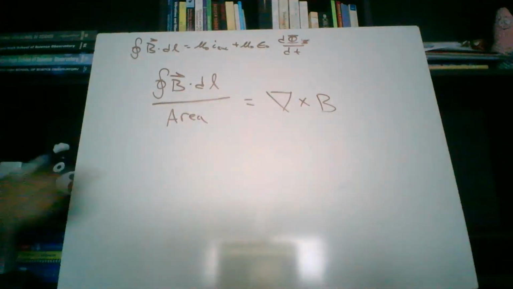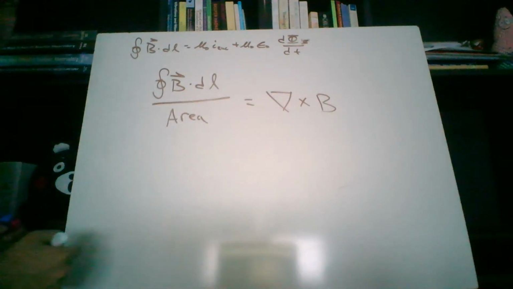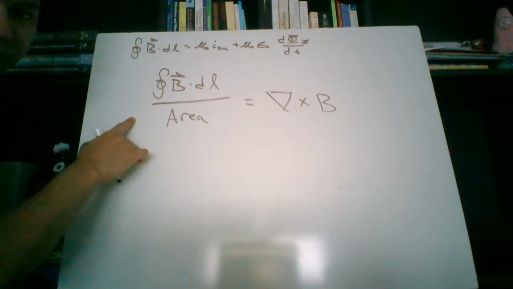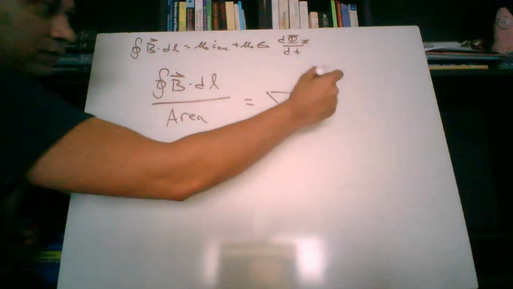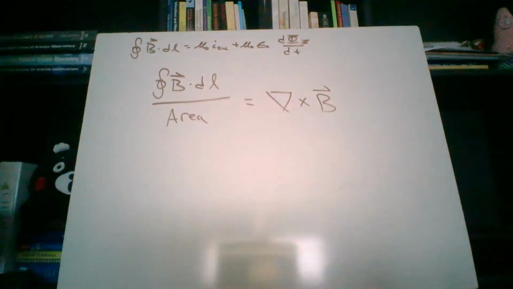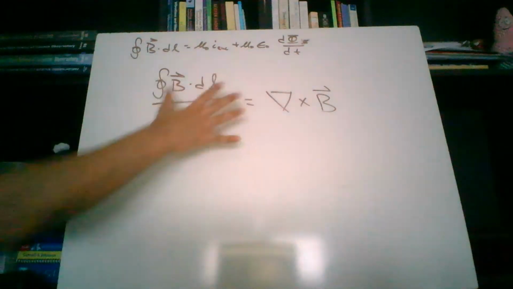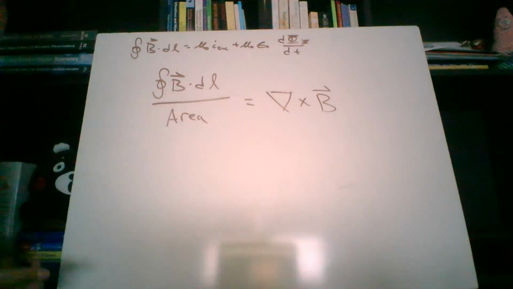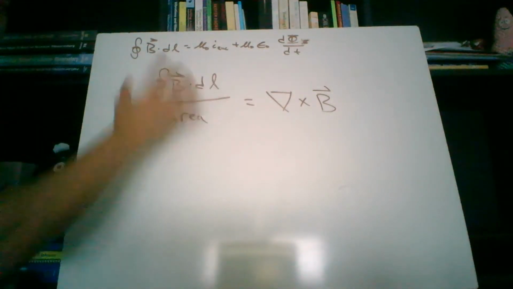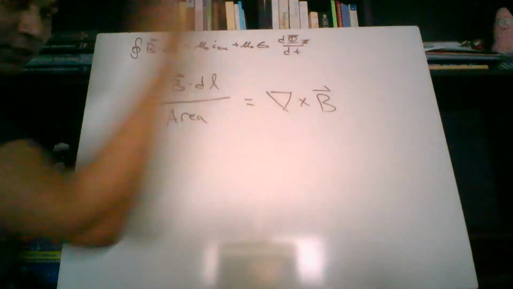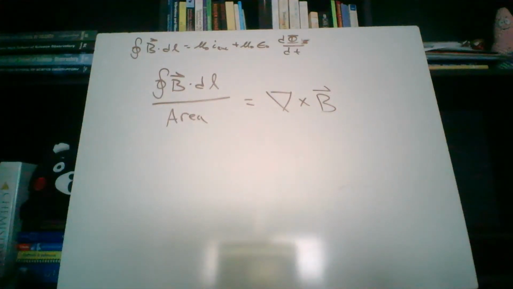So the enclosed loop divided by the cross-sectional area is going to equal the curl. And people don't see that connection here, but that's what the connection is. All you're doing is you're taking this and dividing it by the cross-sectional area, you get the curl. Okay?